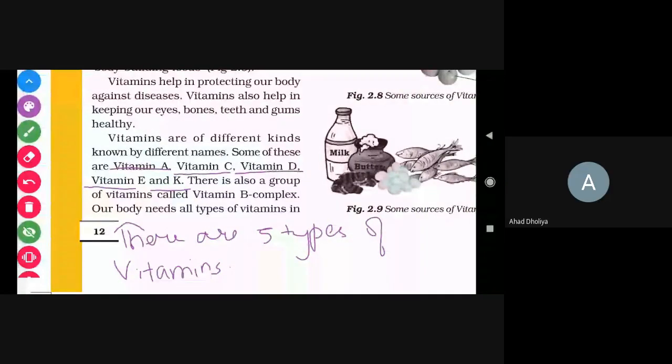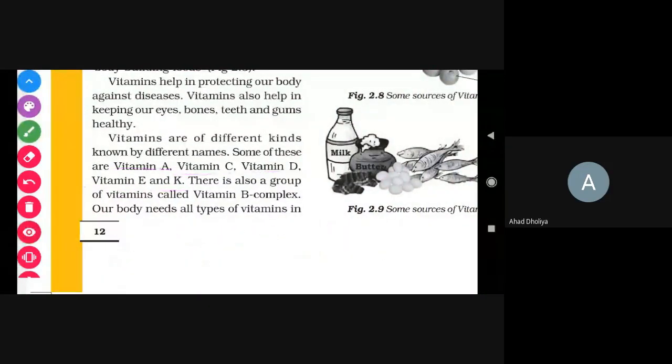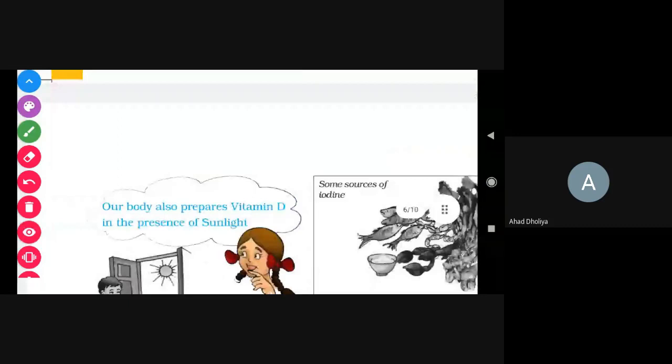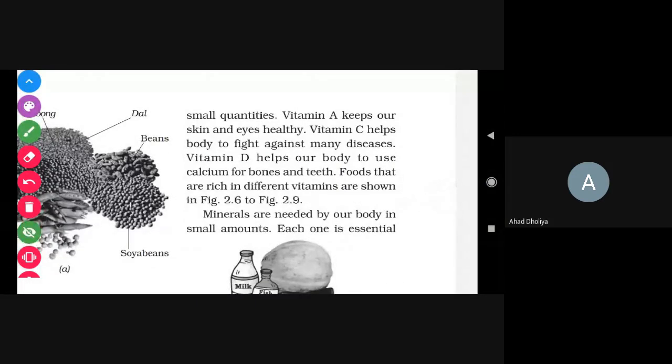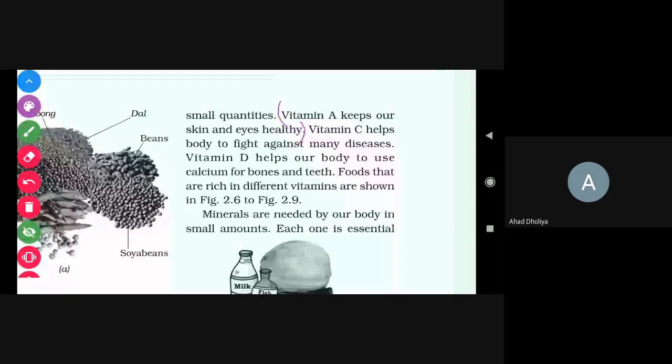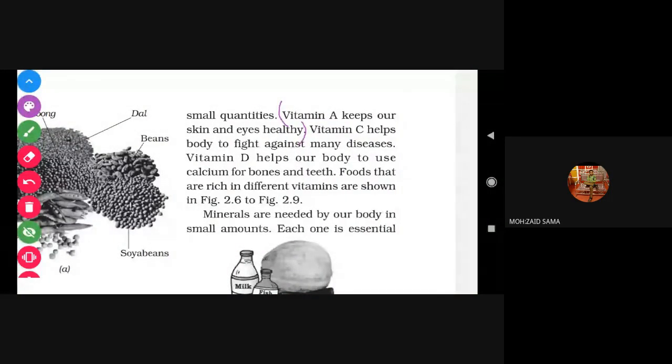Okay. Now write vitamin A keeps our skin and eyes healthy. I have shown you on the screen, beta.